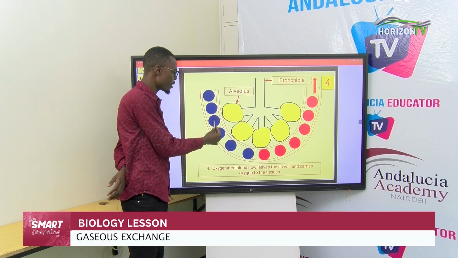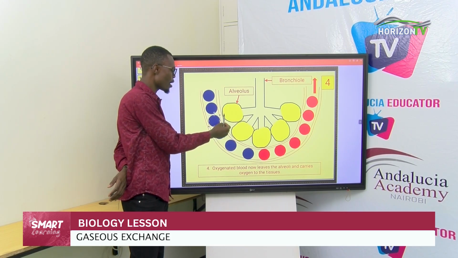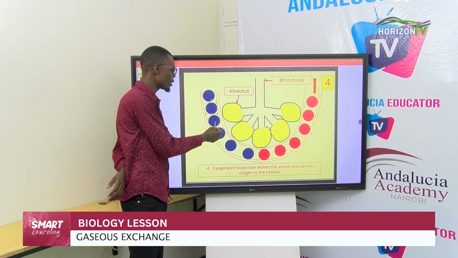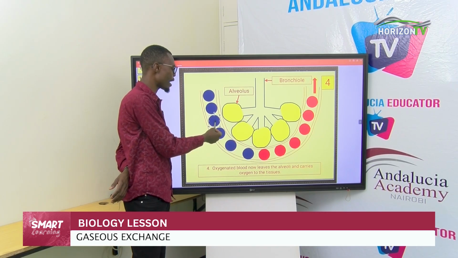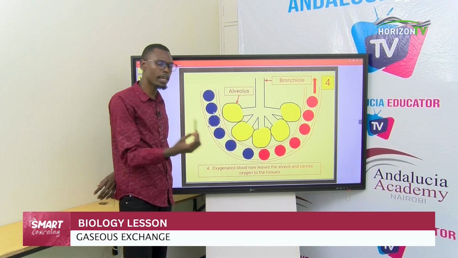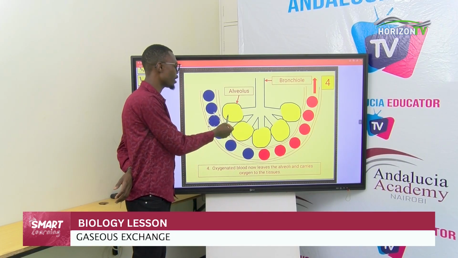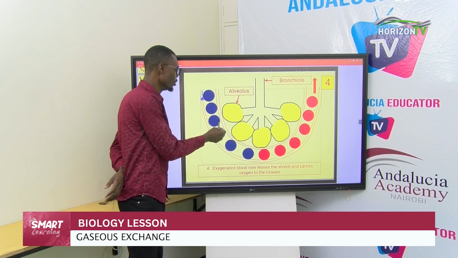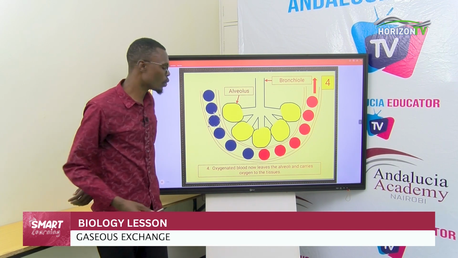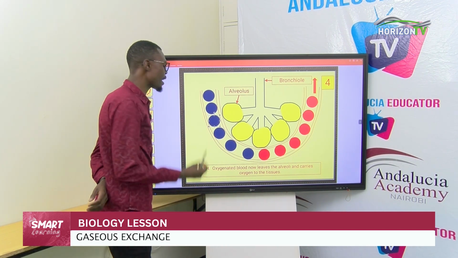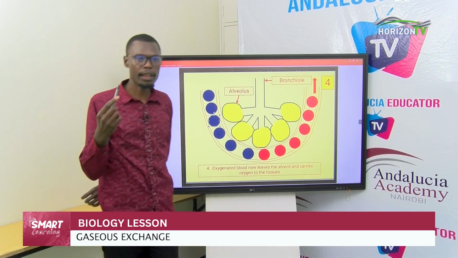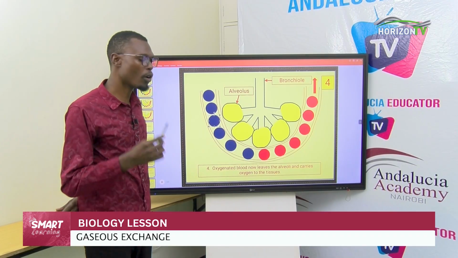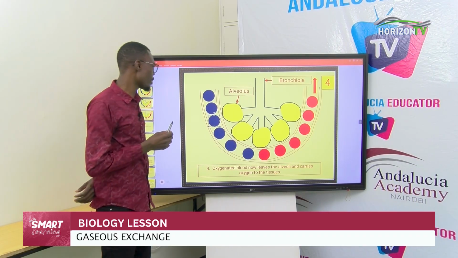You can see here the distance where the blood is, and because this blood contains more carbon dioxide, the carbon dioxide will diffuse across the thin wall of the alveoli into the alveolus. So that is another characteristic that we indicate: they are made of one cell thickness, or thin walls.